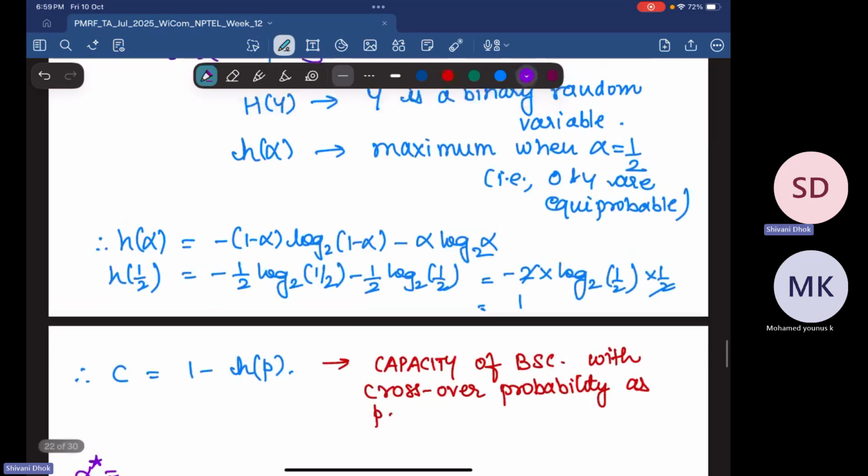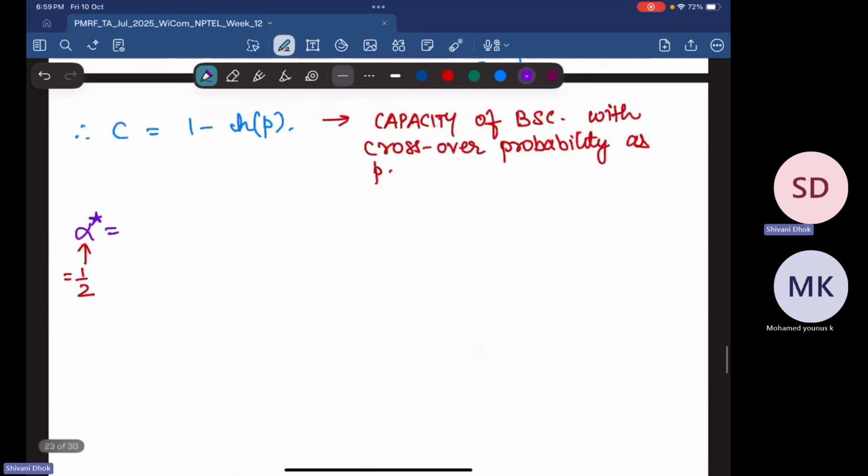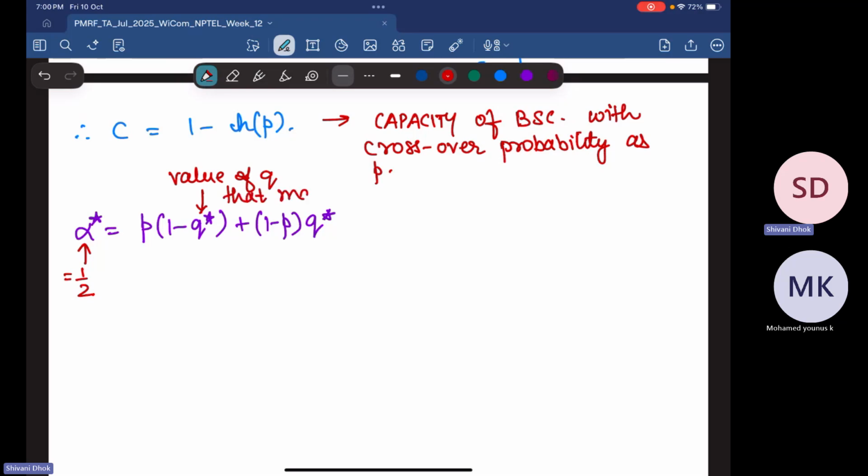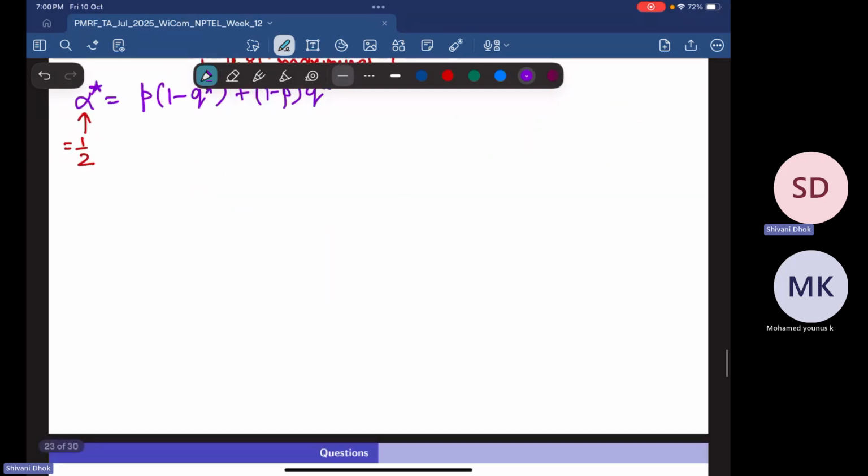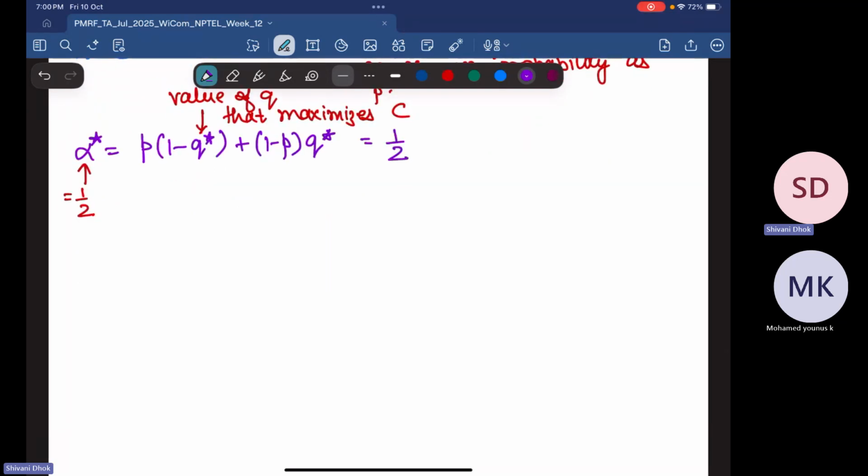So this alpha star will be equal to p into 1 minus q star plus 1 minus p into q star, where q star is the value of q that maximizes C, and this is equal to half.